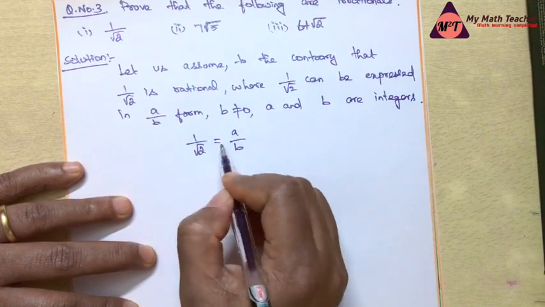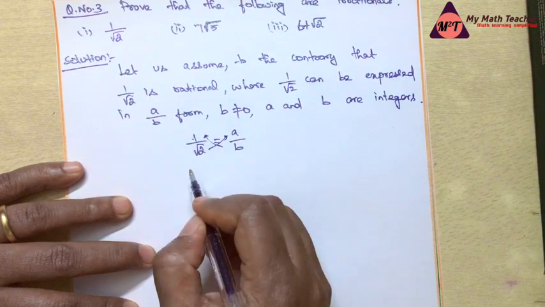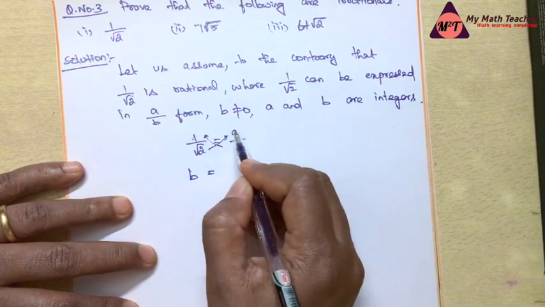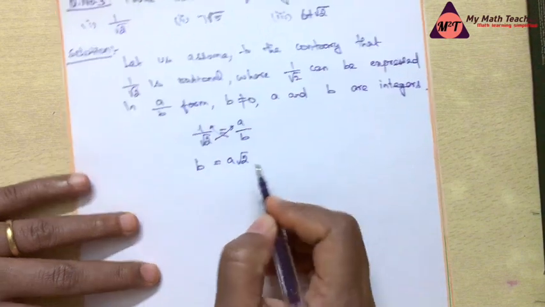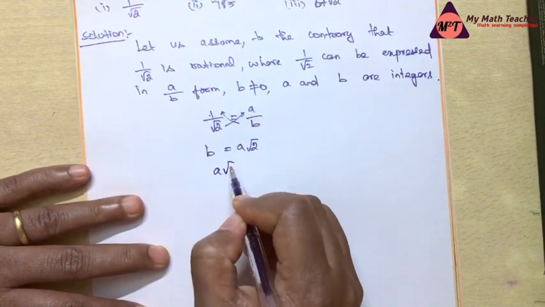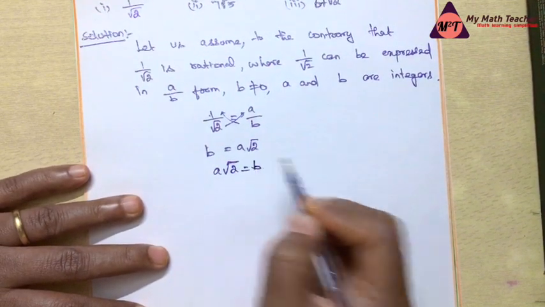So we can cross multiply like this. 1 into b will become b, that is equal to a into root 2. Now we can write this as a root 2 is equal to b.